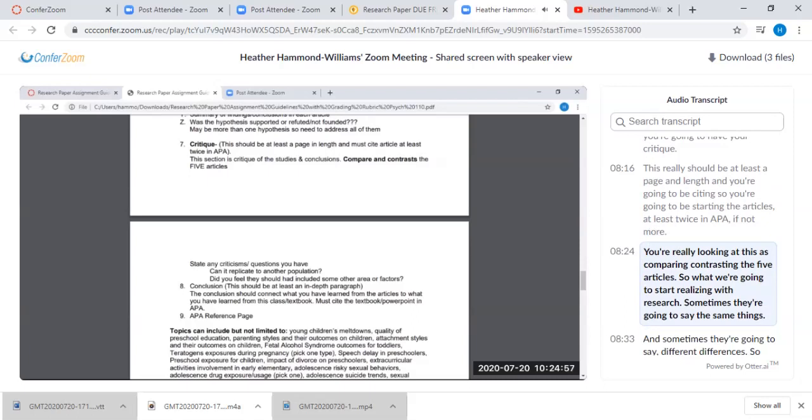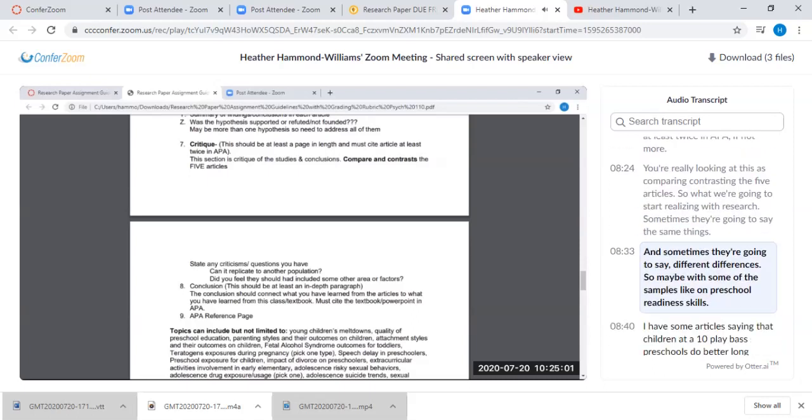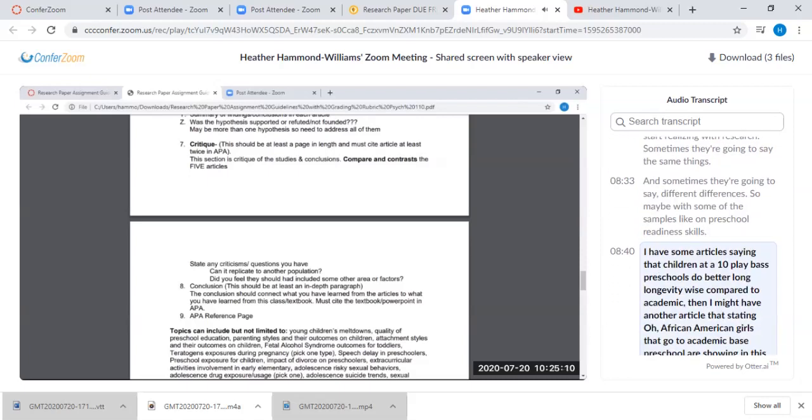What we're going to start realizing with research is that sometimes articles say the same things, and sometimes they say different things. Maybe with some samples, like on preschool readiness skills, I have some articles saying that children that attend play-based preschools do better longevity-wise compared to academic.